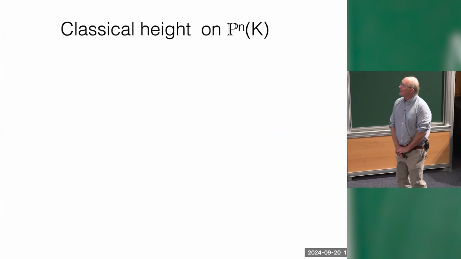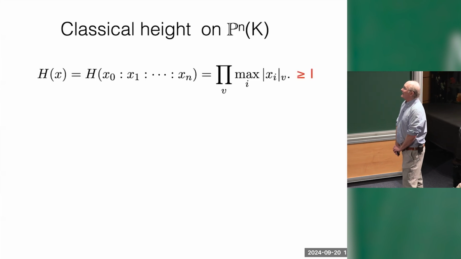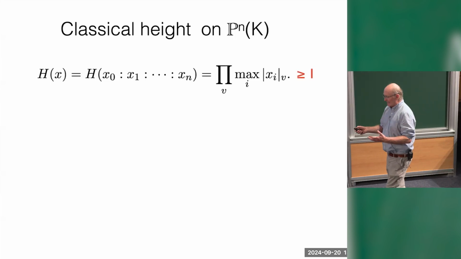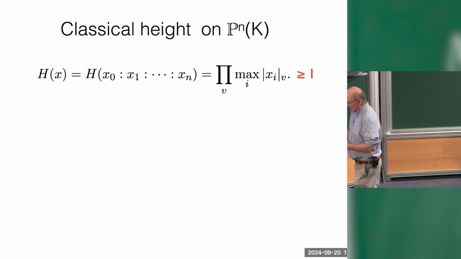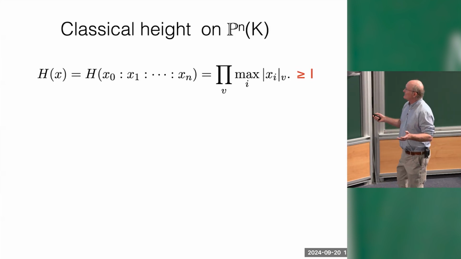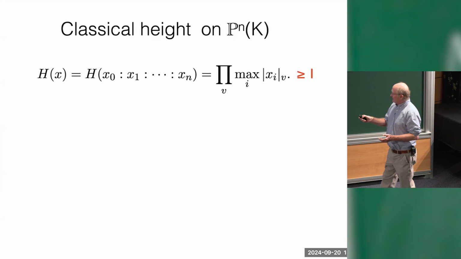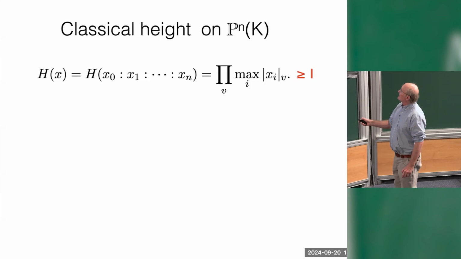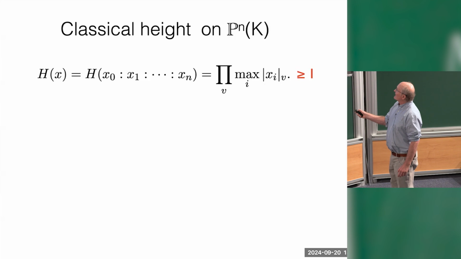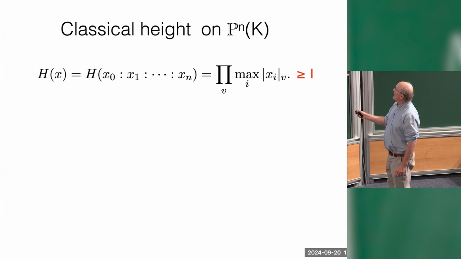Okay, so to describe this height, let me just remind you something about the classical height on the projective space of dimension n over any number field k. So what you do is you take a point in projective space, you write it in homogeneous coordinates. So these numbers x0 through xn are elements of k.